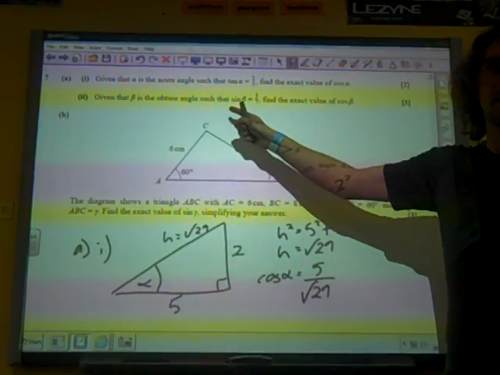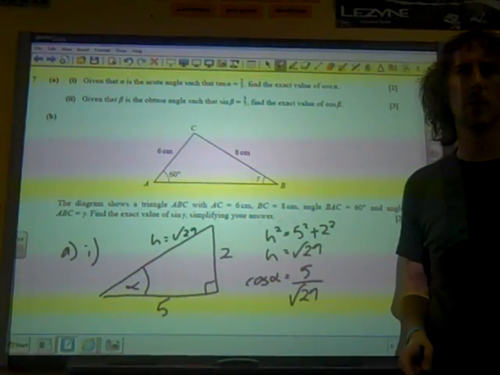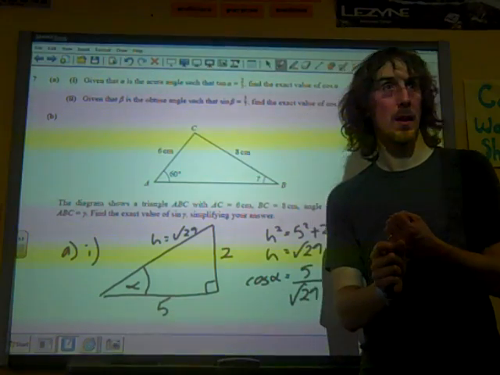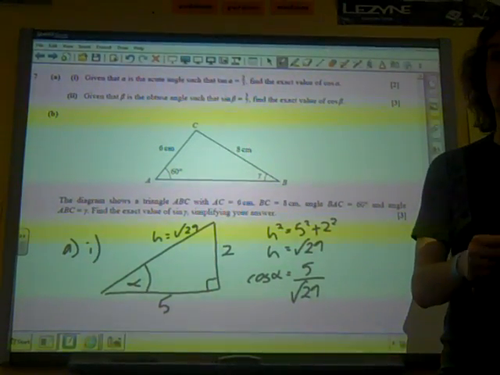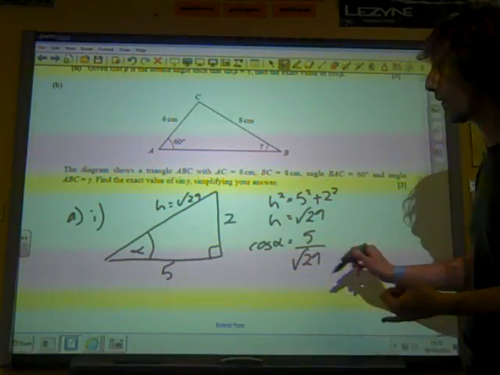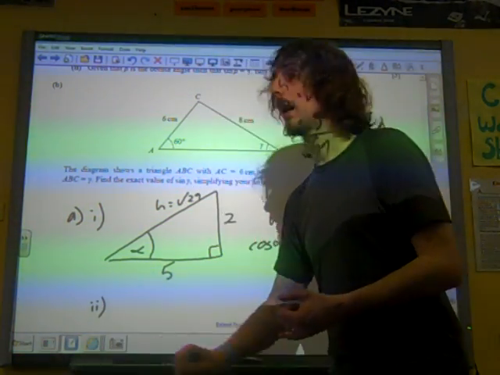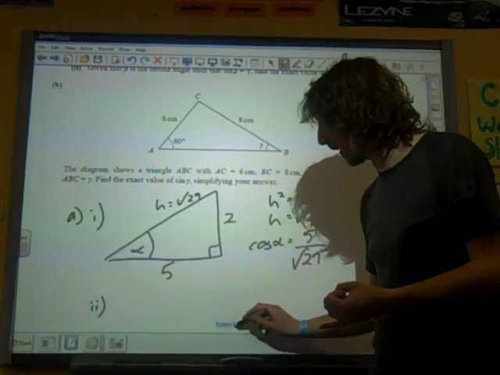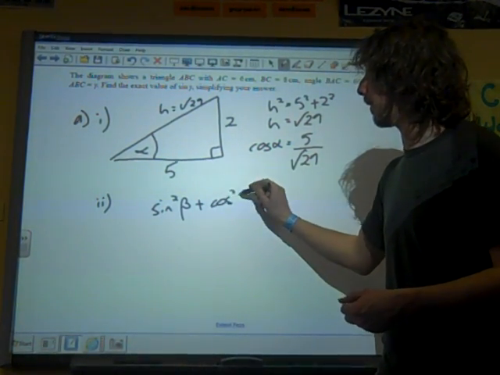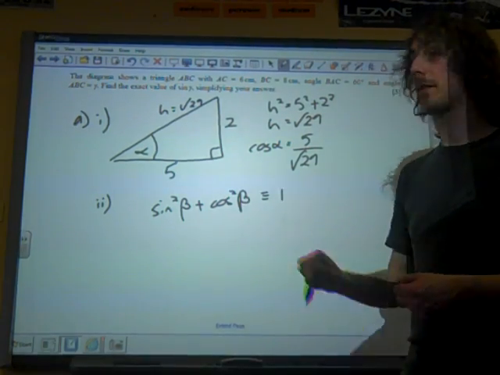We've got sine, and we need to find cos. But we do know something about sine and cos. We know that if you square them and add them together, you always get 1. So for part 2, a neat way of going about this would be to say that sine squared beta plus cos squared beta has to be equal to 1.